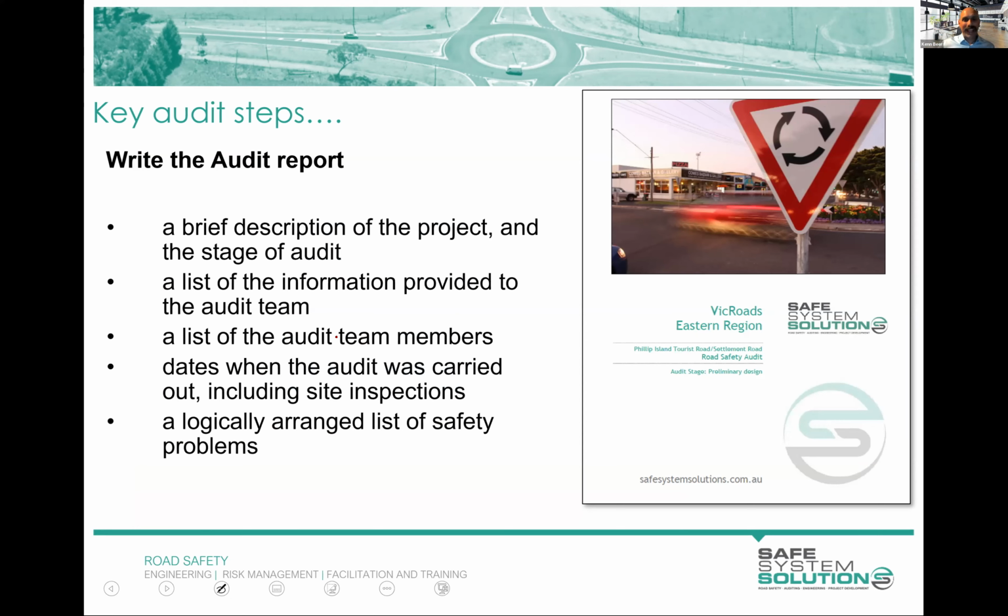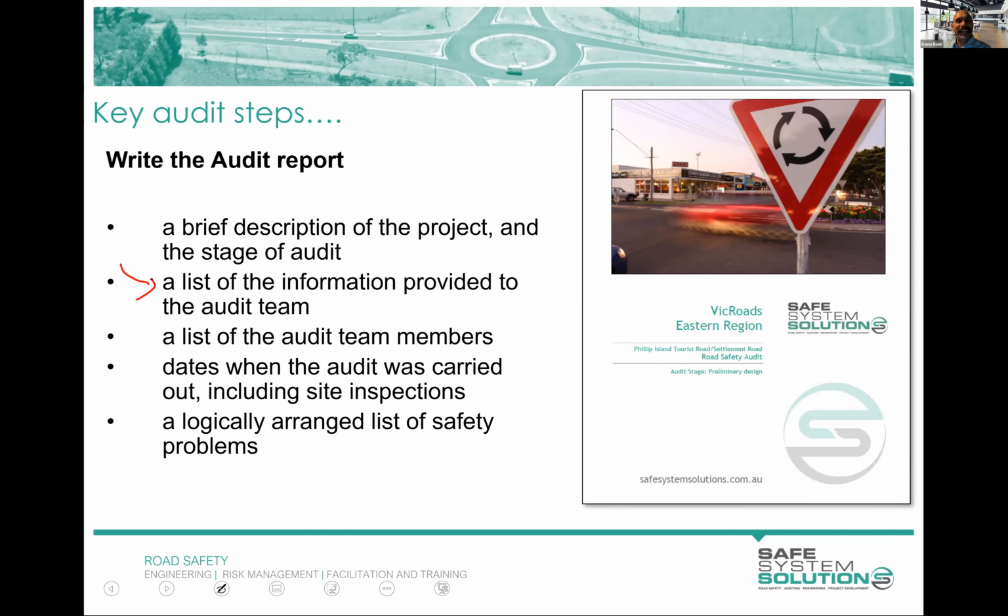There are some key things we need to see in these audit reports. Description of the project and the stage of audit, a list of the information that's been provided to you. This is really important, especially with what is the design number, version, issue, and all of that. I say that from the perspective that you may audit a design and then it gets changed, as it will, throughout the project lifecycle, and then something else will be built.